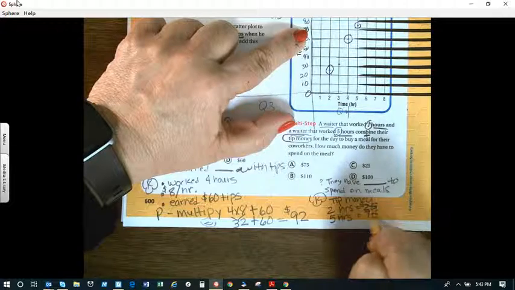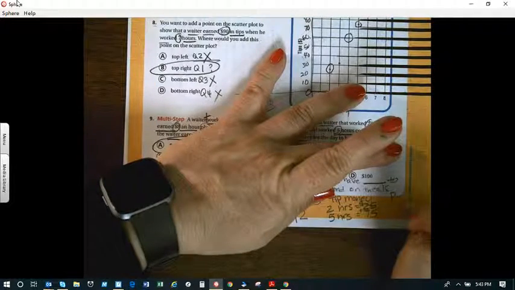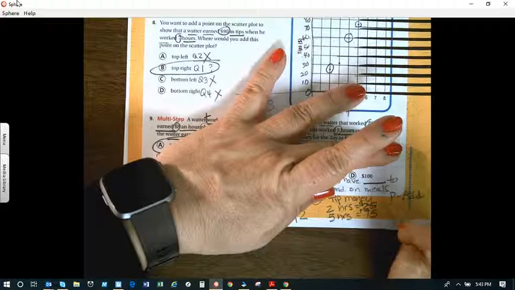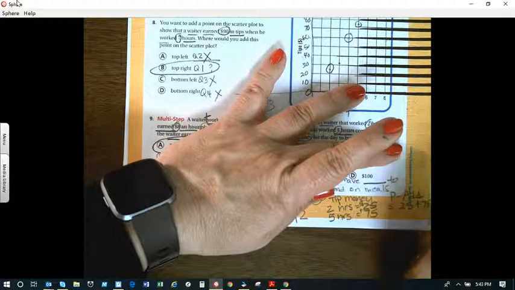I need to add these together. So my plan is add, and my solve is 25 plus 75 equals $100. So that's how much they had to spend to buy lunch for their coworkers.